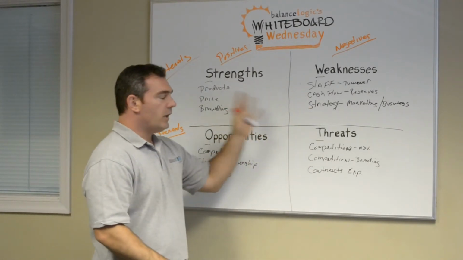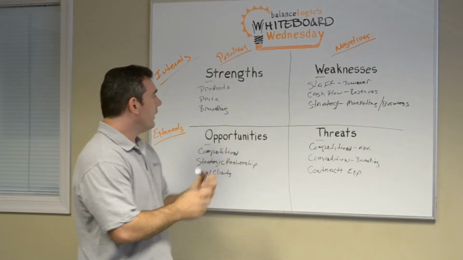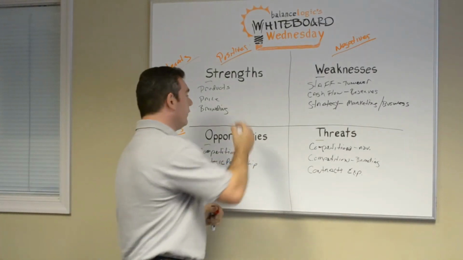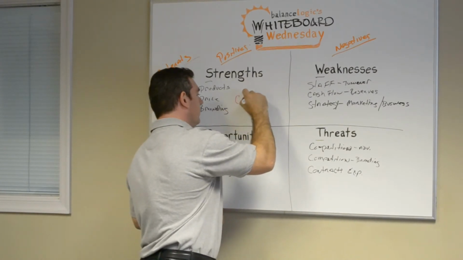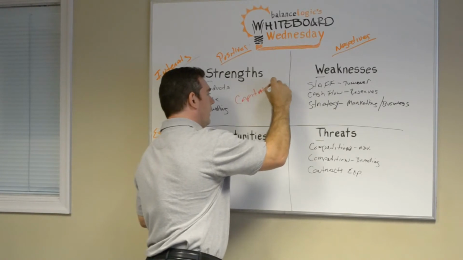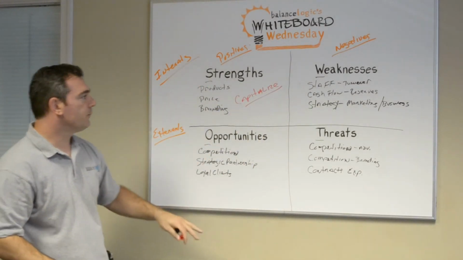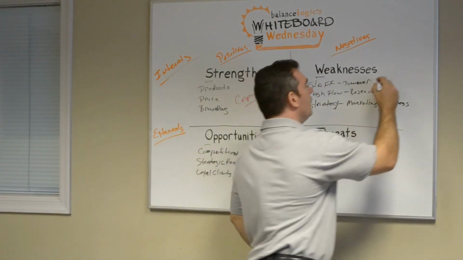So these are some of the threats. We went over strengths, weaknesses, opportunities, and threats, some examples of each category. So now what do we do with each of these categories now that we have it? Well, in our strengths, we're going to capitalize on that. We're going to take our strengths, use them to our advantage, and capitalize on them. All right, so what do we do with weaknesses? We strengthen them.